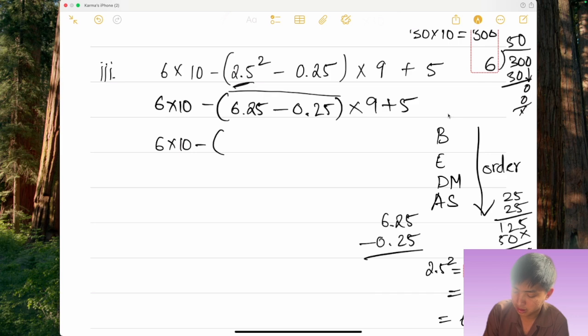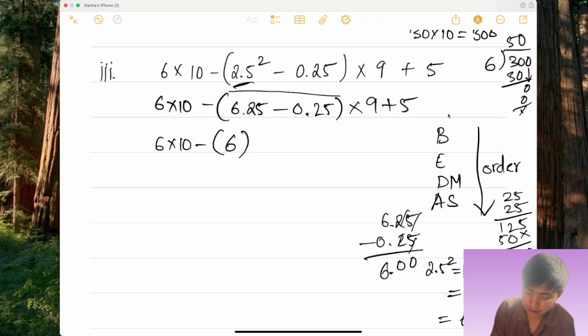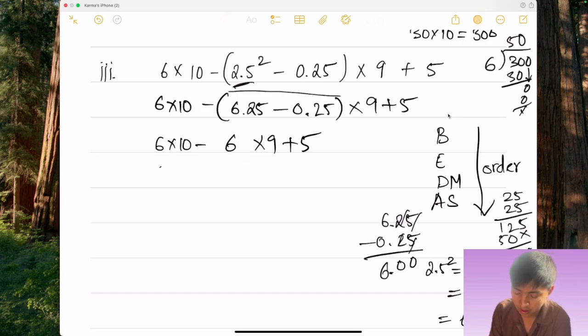So subtract, 5 cancel 0, it's 6. So it's just 6 times 9 plus 5. Now there's only one term, so you can remove the bracket. Next let's check if there's any other operation that needs to be done.